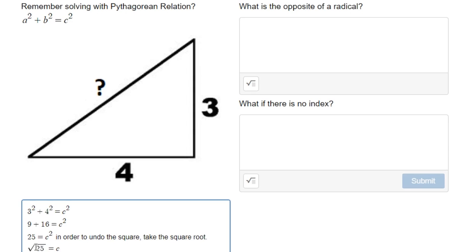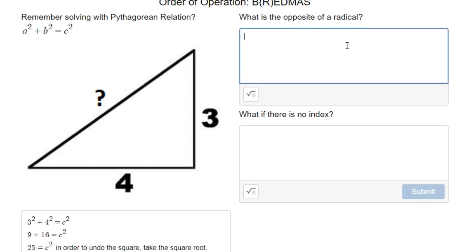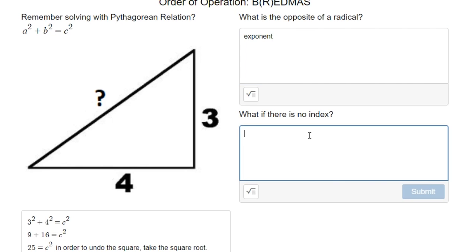Square root means I want two numbers multiplied together that will give me the radicand, and that would be a 5. So in order for us to undo the square, we took the square root. So we could say the opposite of a radical is an exponent.